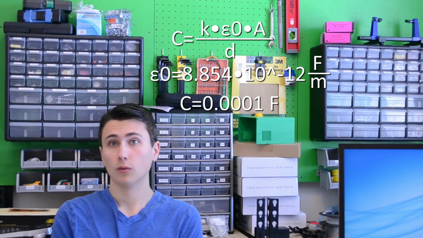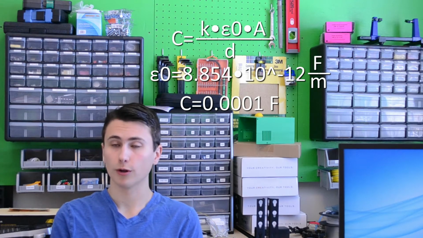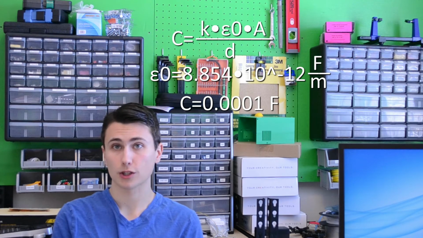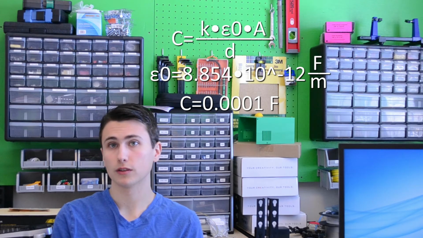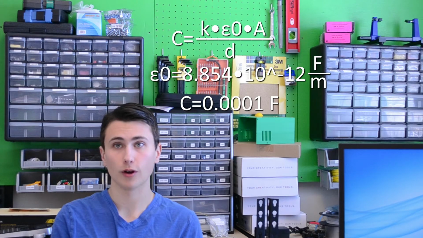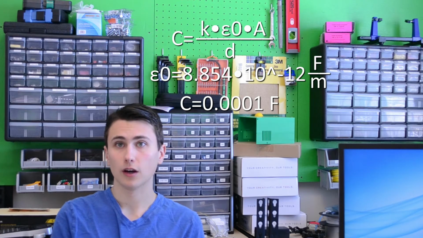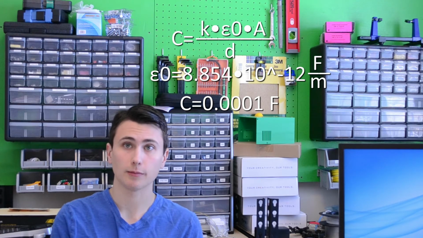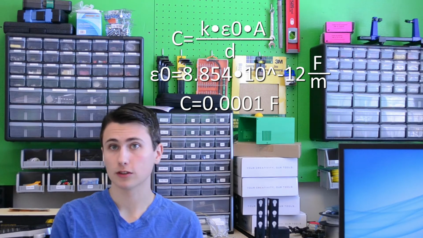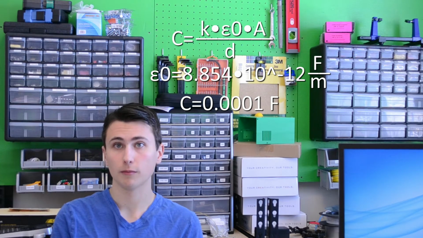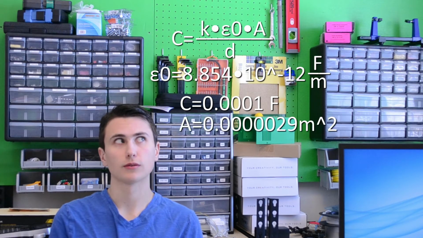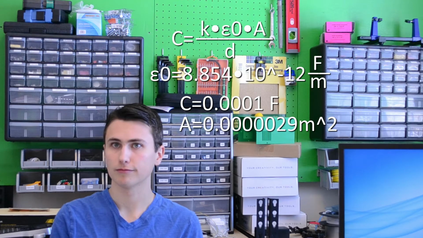Okay. With the ceramic capacitor I mentioned before, an 0805 package measures as 2 millimeters by 1.25 millimeters, and the package is 1.45 millimeters tall. Assuming there's only one plate inside that capacitor, the largest plate dimensions we could have is 2 millimeters by 1.45 millimeters, or 0.0000294 meters squared.